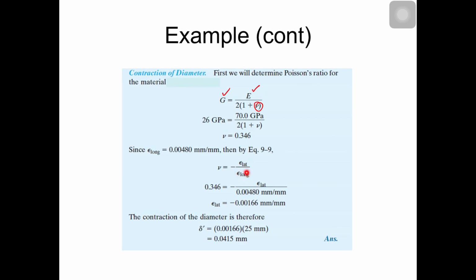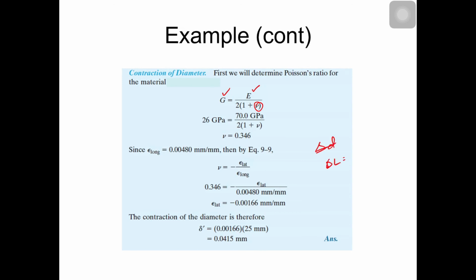Remember the formula for the Poisson ratio is epsilon lateral over epsilon longitudinal. So V is 0.346 times 0.0048, and you get the epsilon lateral, which is 0.00166 mm.